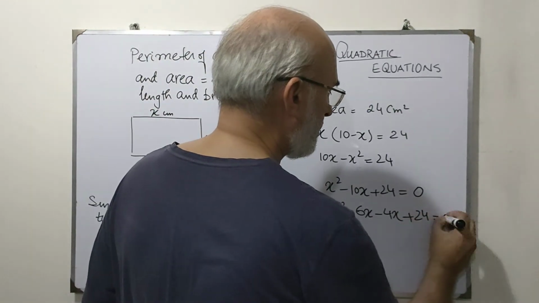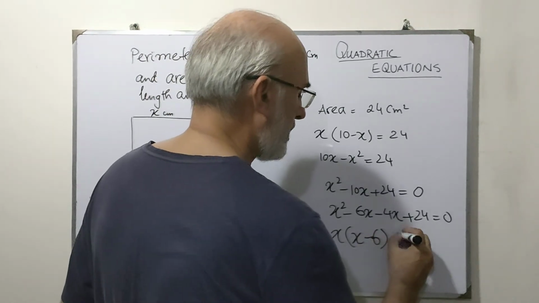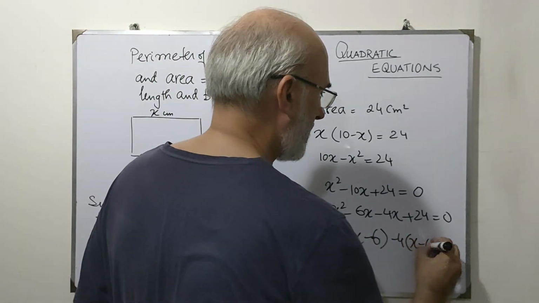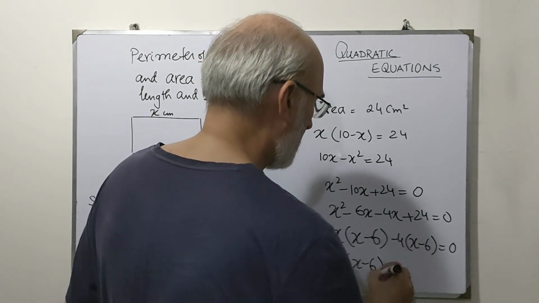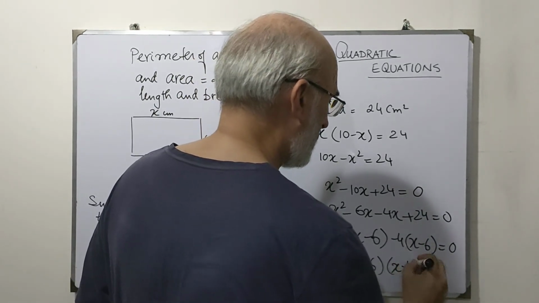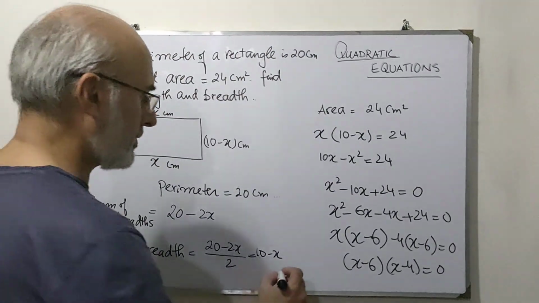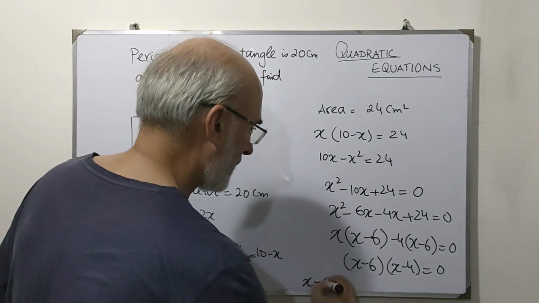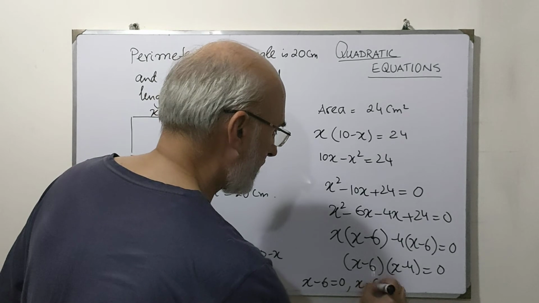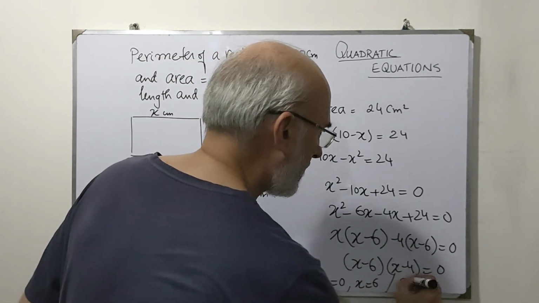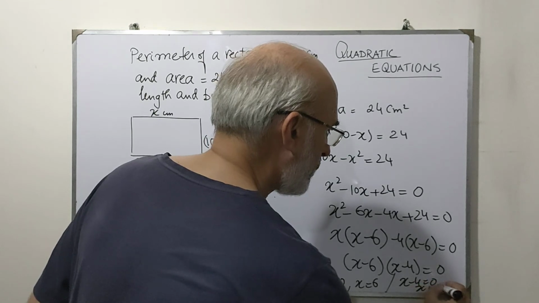So pretty easy. x is common. x minus 6 minus 4, x minus 6 is equal to 0. So x minus 6 into x minus 4 is equal to 0. So when x minus 6 is equal to 0, we have x is equal to 6, and when x minus 4 is equal to 0, we have x is equal to 4.